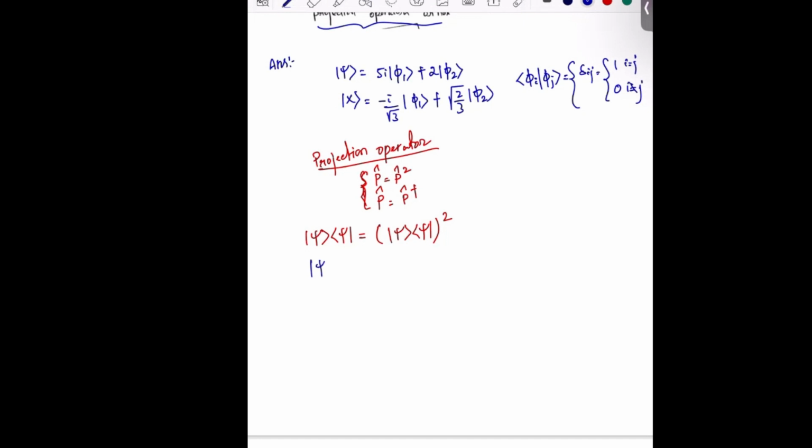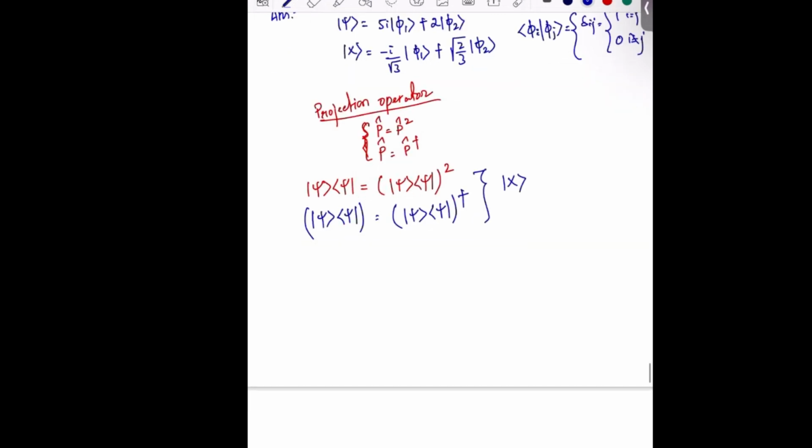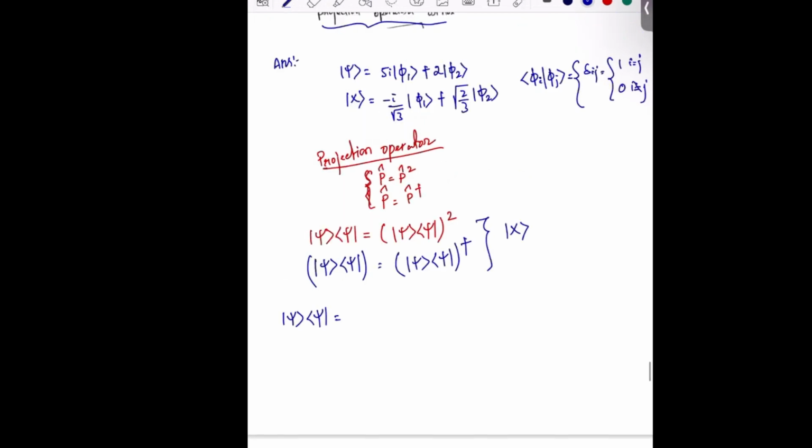And the second one you have to check is psi equal to psi dagger, whether this condition is satisfied or not. And similarly, you have to check it for the other state psi. So let me solve it for the first one, and the next one I will leave to you to solve.